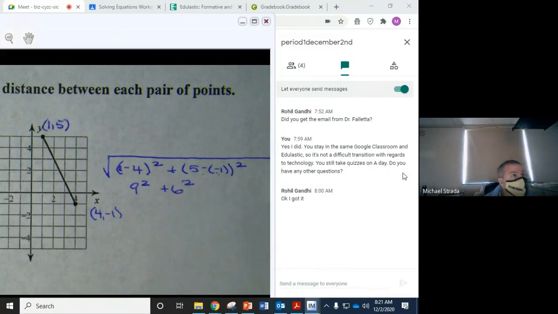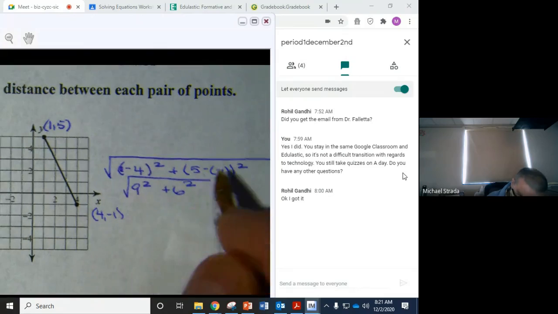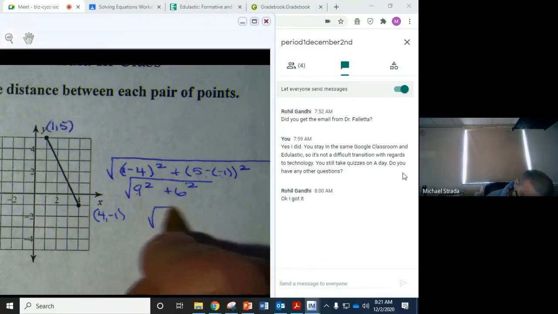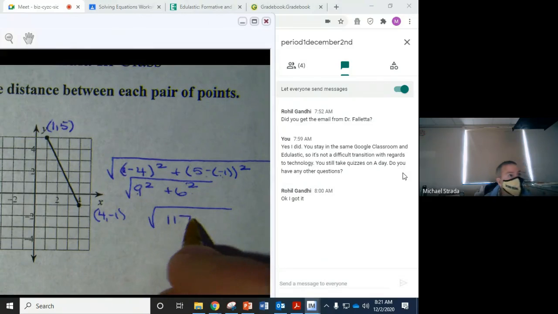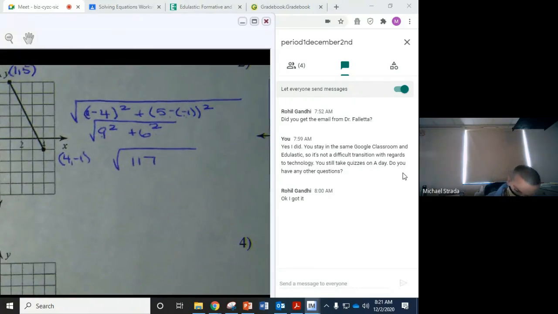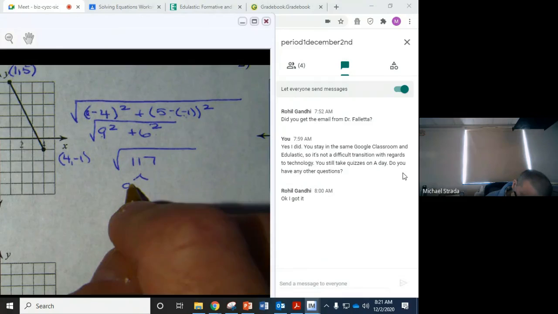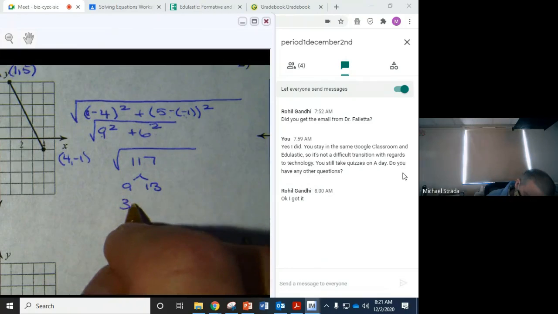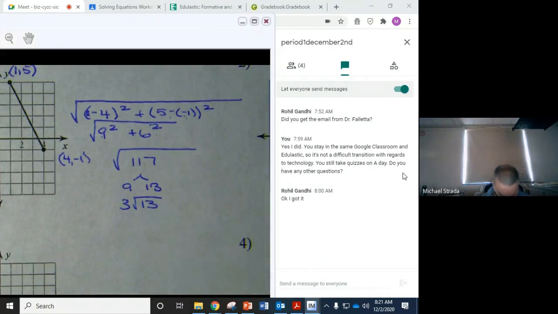So 9 plus 6 squared, also underneath the square root. 9 squared is 81. 6 squared is 36. 81 plus 36 is 117. 9 goes into 117 13 times. Perfect square, we do the square root. The square root of 9 is 3. That's 3 root 13. And you're done.